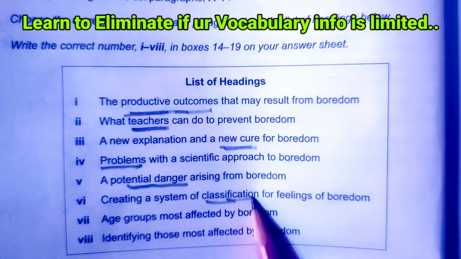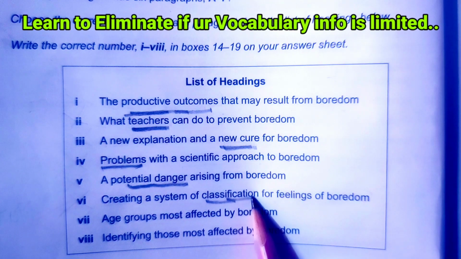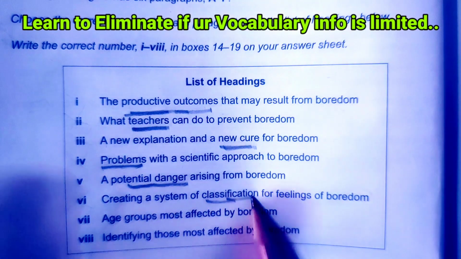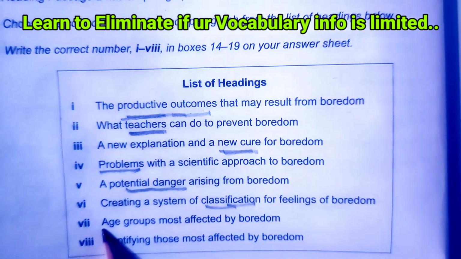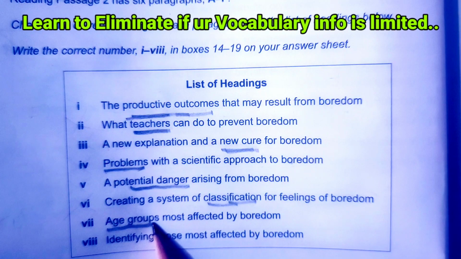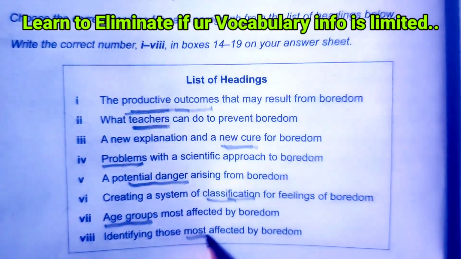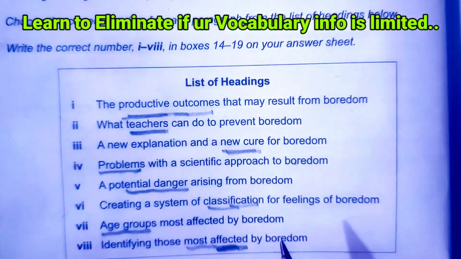Remember, all these keywords which I am marking here will help me use the elimination method, because I have no sufficient information about the synonyms and the vocabulary as a student today. Are they talking about age groups? We will see there. Identifying the most affected by effects.